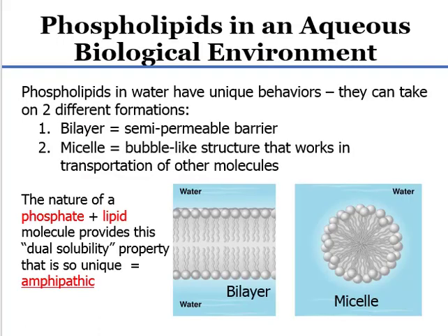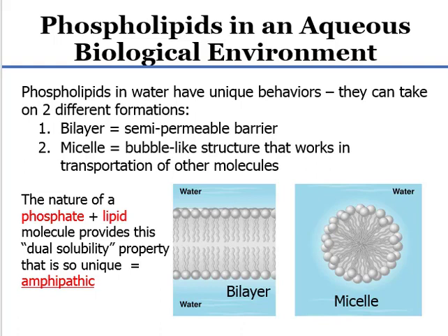Now let's look at how this molecule performs in water. Notice that the fatty nature of this molecule makes it take on either a bubble formation called a micelle here on the right, or a layered structure similar to what you'd see during an oil spill in the ocean. Now this bilayer allows for the fatty acid chains to hide from water, which is on both sides of this layer.